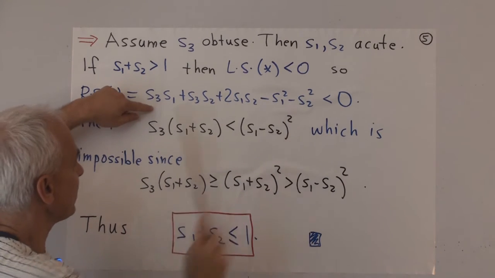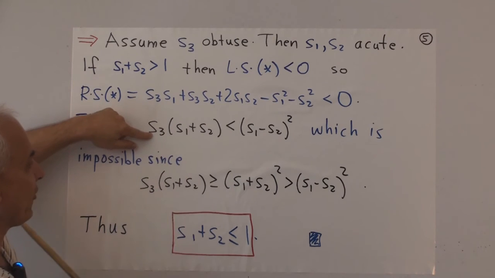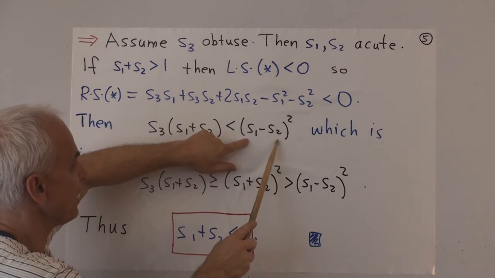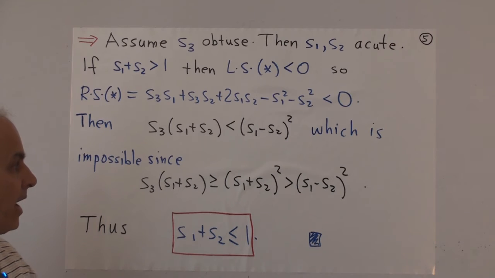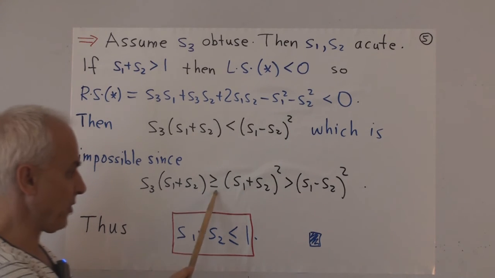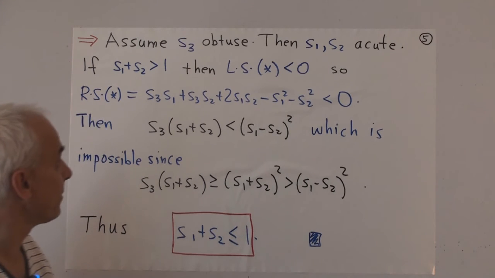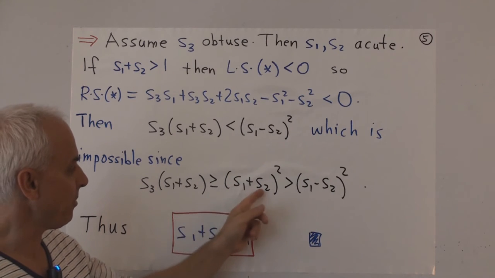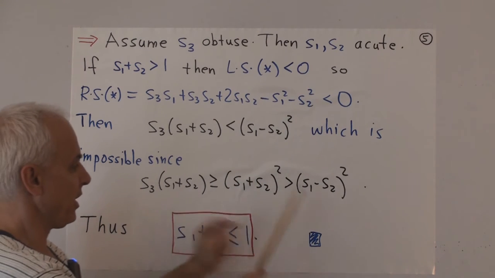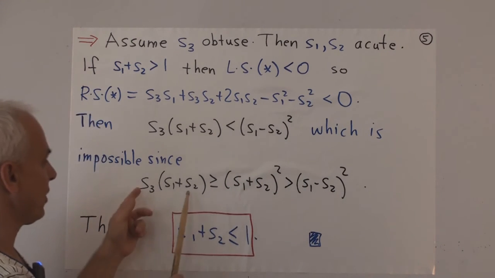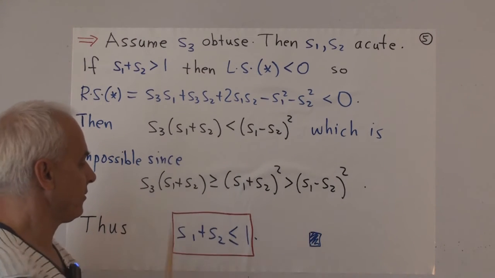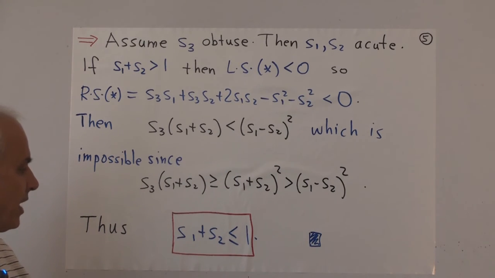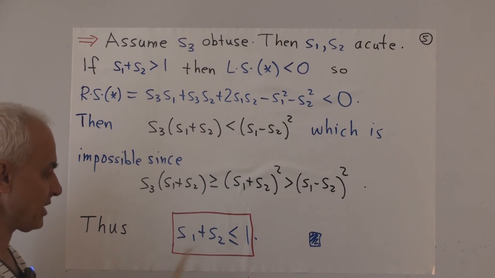But this can be rewritten as S3 times S1 plus S2 is less than S1 minus S2 all squared. And that's impossible because S3 times S1 plus S2 is bigger than or equal to S1 plus S2 all squared. That's because we're assuming S3 is obtuse, so S3 is bigger than S1 plus S2. And this quantity is always bigger than this quantity, so this contradicts that. And so we conclude that our assumption was wrong, so S1 plus S2 has to be less than or equal to 1.